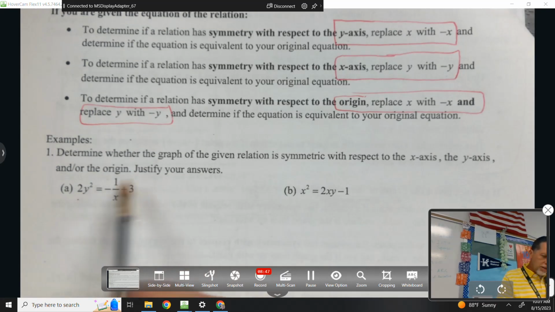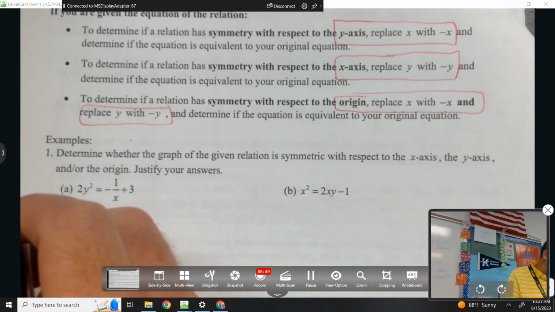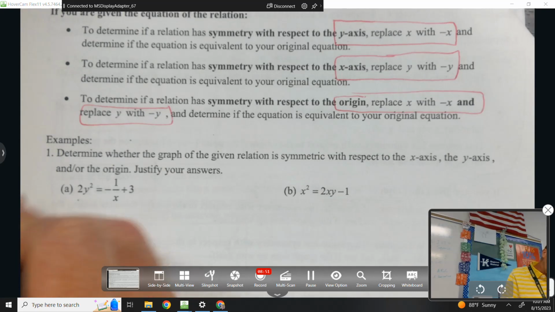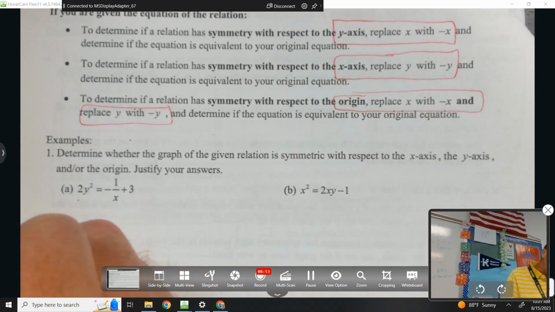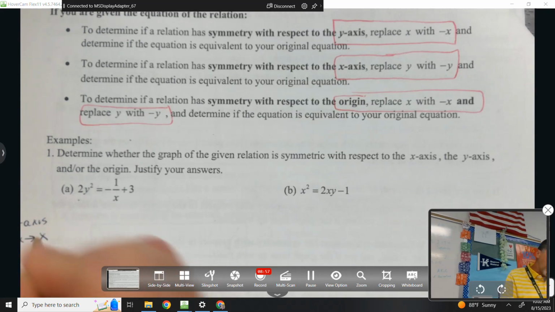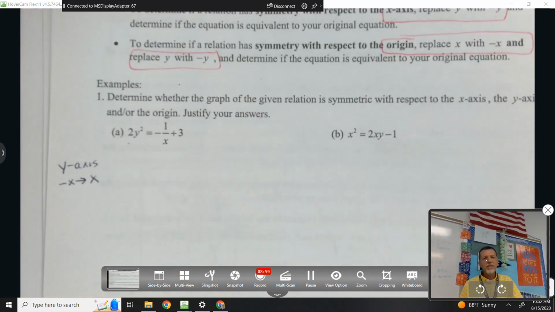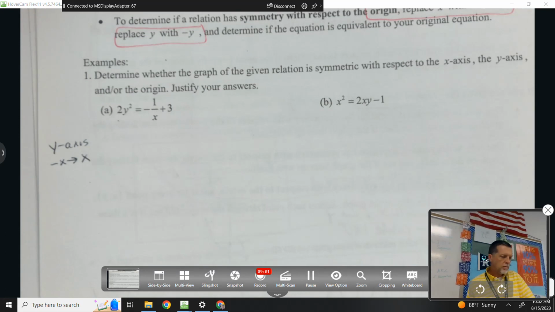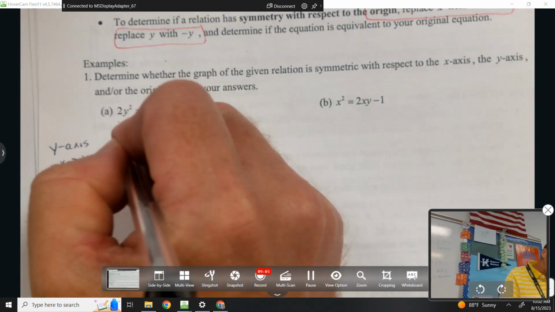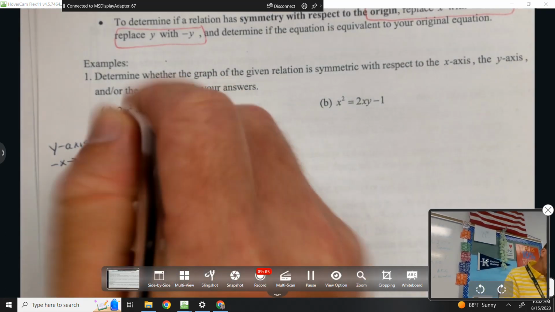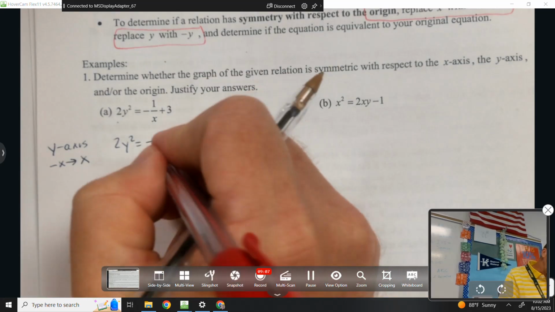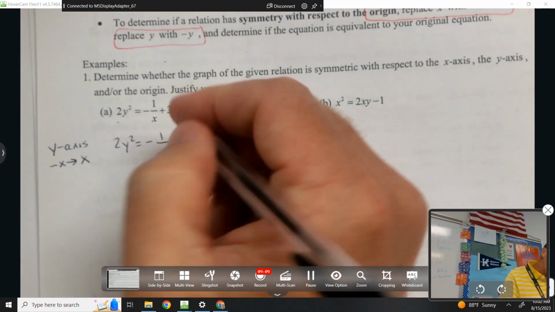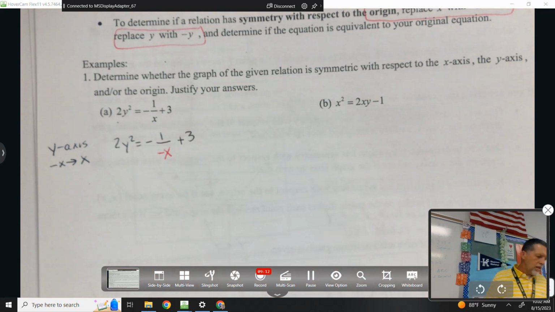So, number one, determine if it has these symmetries. We'll go in the order that it was listed up there. So, y-axis symmetry, negative x goes in for x, and we see if we get the same thing. So, 2y squared, negative 1 over, and then we replace x with negative x, plus 3.